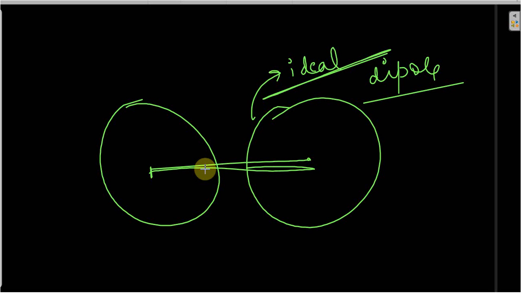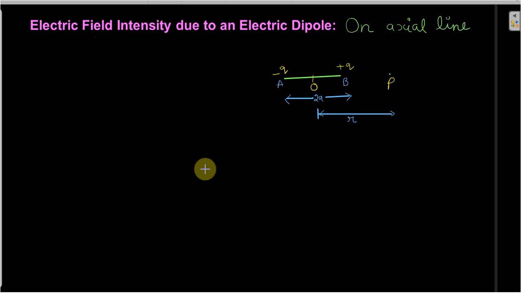Next we will derive the electric field intensity due to an electric dipole on the axial line. So we will derive the relation for electric field intensity on the x-axis. We can see here I have two charges, one is minus q and the other is positive q, and same magnitude charges mean they are forming a dipole, and the distance between the two charges is 2a.